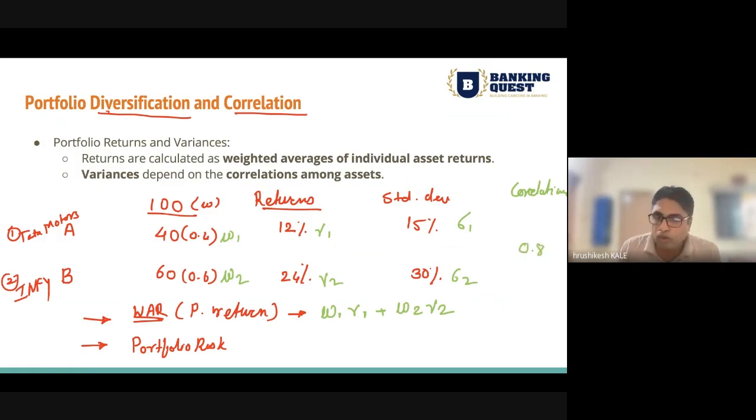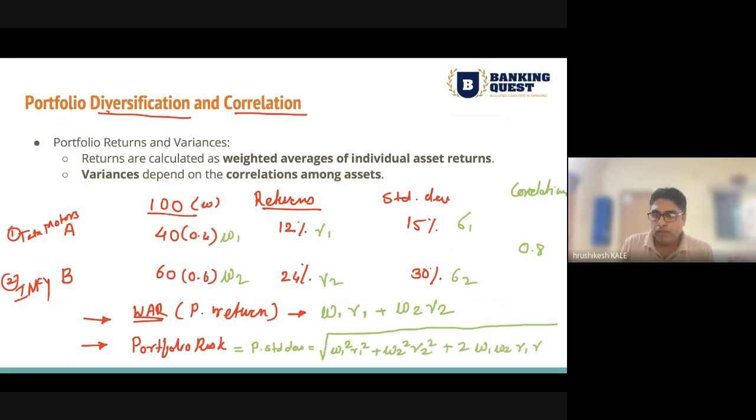Now, if you want to calculate portfolio risk, that is portfolio standard deviation, then you have a formula, which is nothing but the square root of W1 square sigma1 square plus W2 square sigma2 square plus 2 times W1 W2 sigma1 sigma2 rho. What is rho? Rho is correlation.